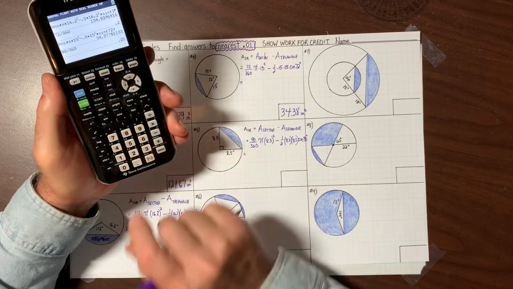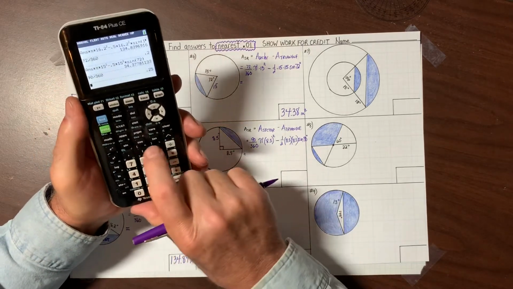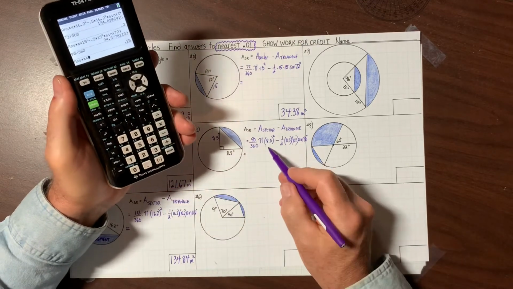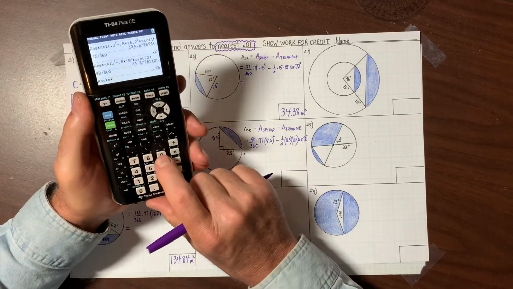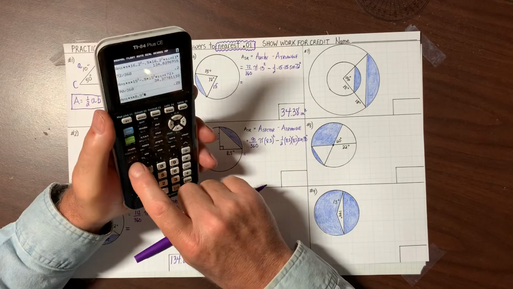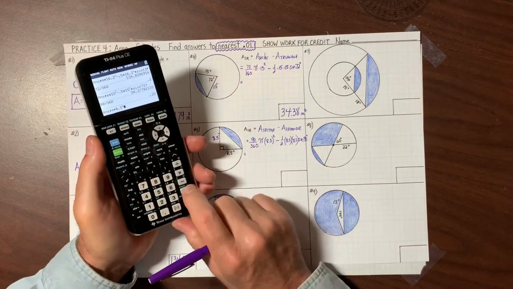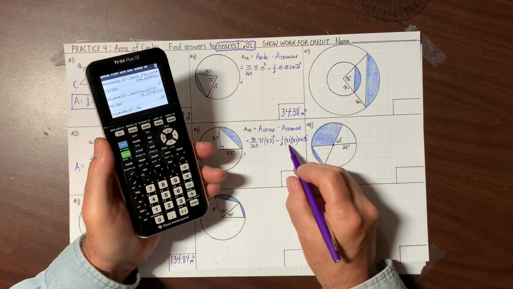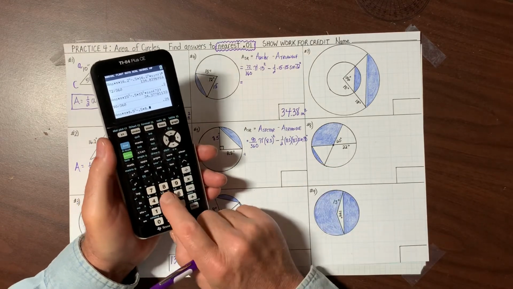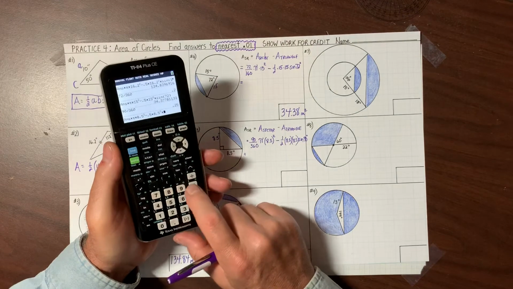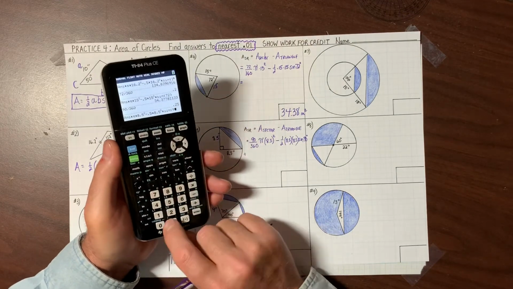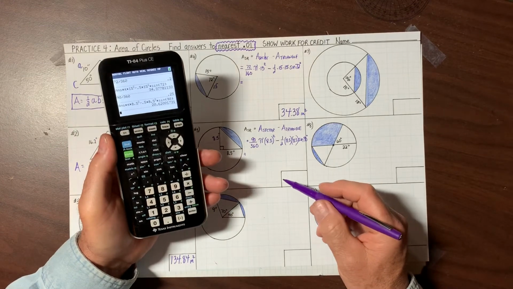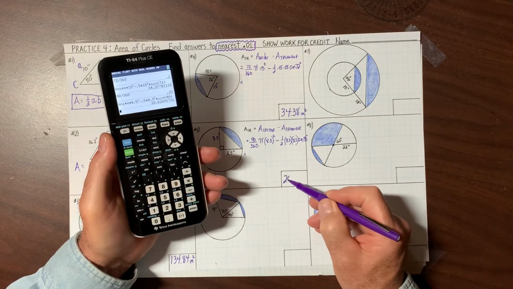Then I'm going to go times pi times 8.5 squared minus 0.5 times 8.5 squared times the sine of 90, close parenthesis, enter. And I'm getting 20.62.